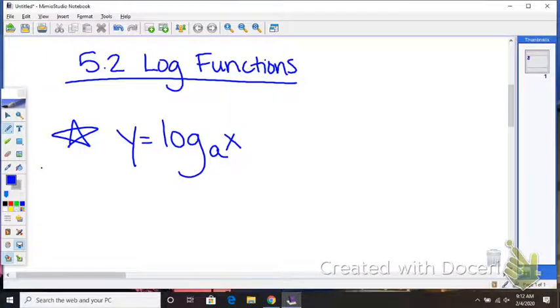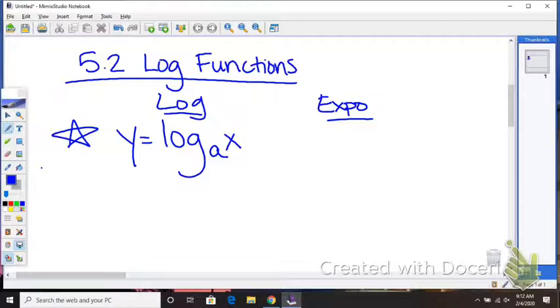Okay, so the way you say this is log, and then this is the base of your log. So log base A of X. This is the log form. For every log form, there's an exponential form. They relate to each other because they're inverses of each other. Does anybody remember the exponential form before I put it up here? Here's your hint: the exponential form has no log in it.